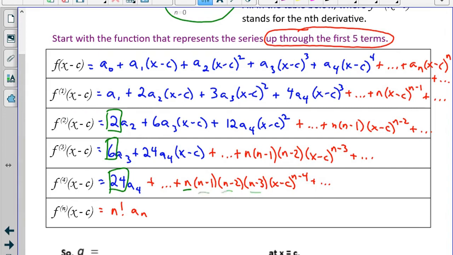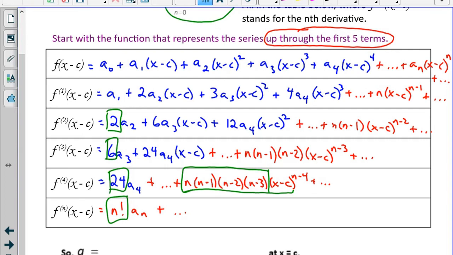And so basically what you see is that the number that's out in front ends up being n factorial. So the nth derivative has n factorial times a sub n, and then there's plus a bunch of other stuff, since this is a series that goes on infinitely.